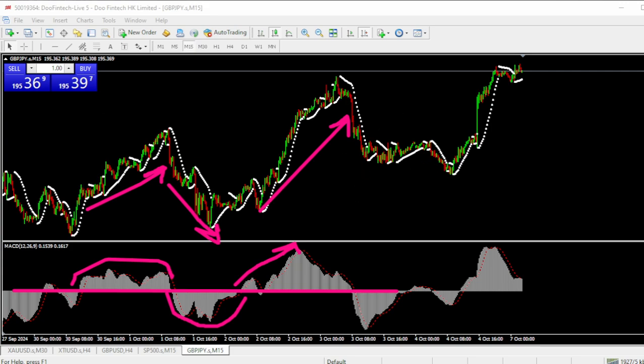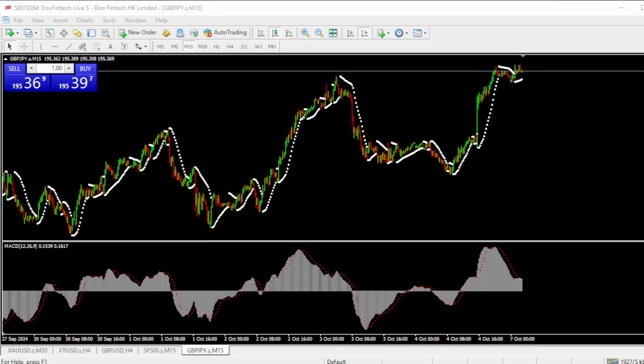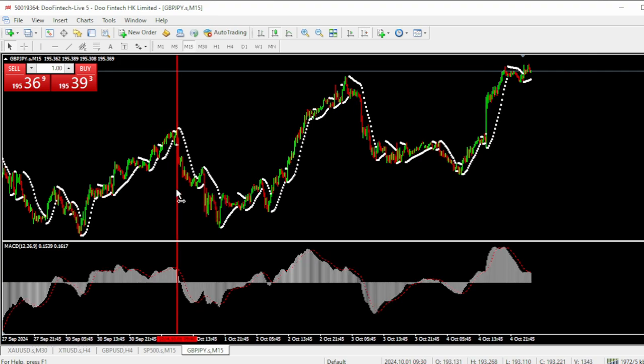And you can see this more clearly if we draw some lines just like this. Let me show you. And another line like this, and like this, right?